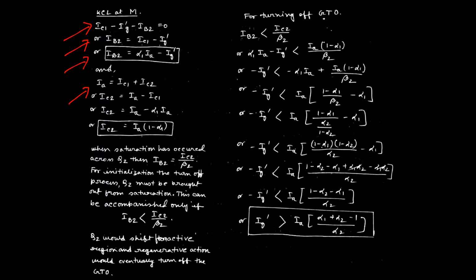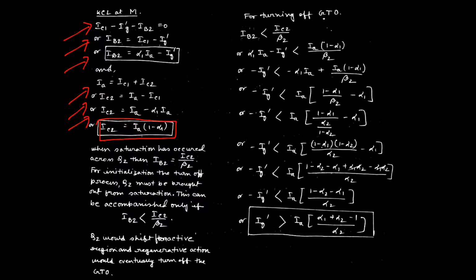After simplification, IC2 equals IA minus IC1. That means IC2 equals IA minus alpha 1 IA, that is, IC2 equals IA into 1 minus alpha 1.